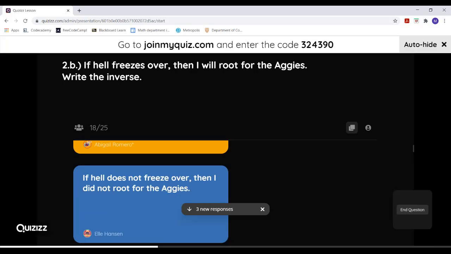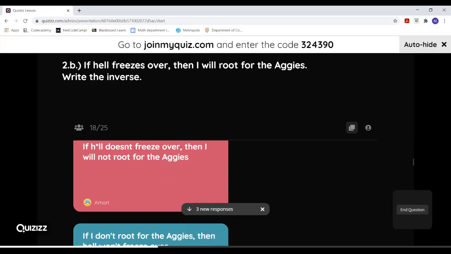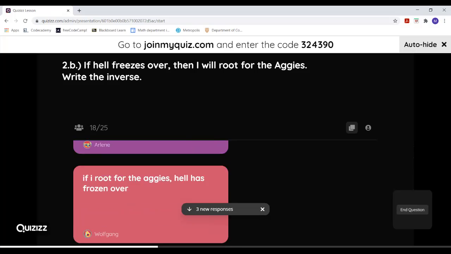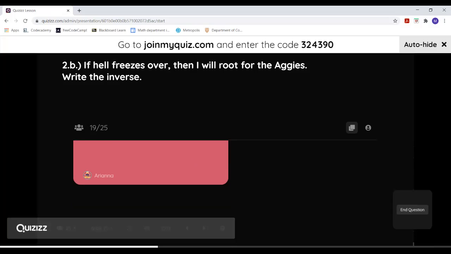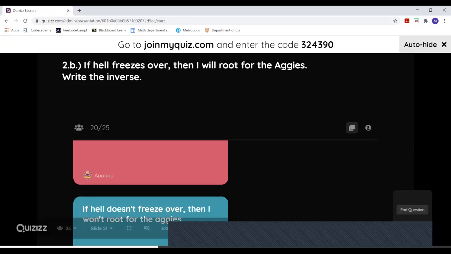That is it. We say nope and nope, right? If not P, then not Q, basically, is what we're saying. We don't swap the order. The order stays the same. We just say nope and nope. So if hell does not freeze over, then I will not root for the Aggies. So that's a bunch of nope for me.